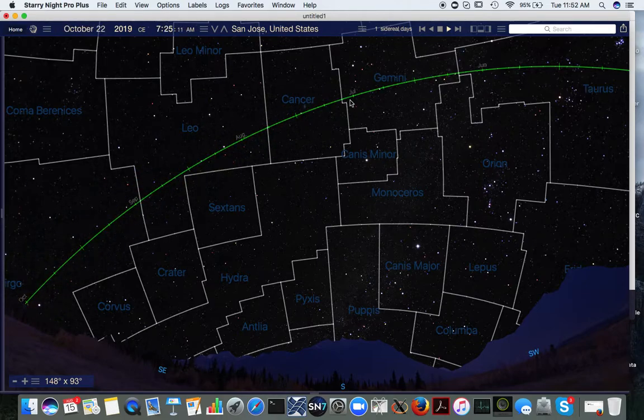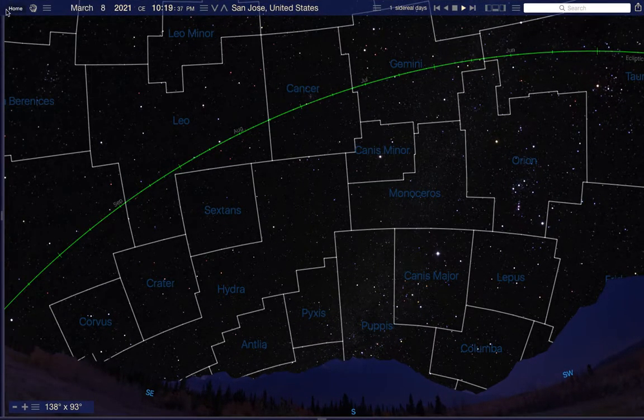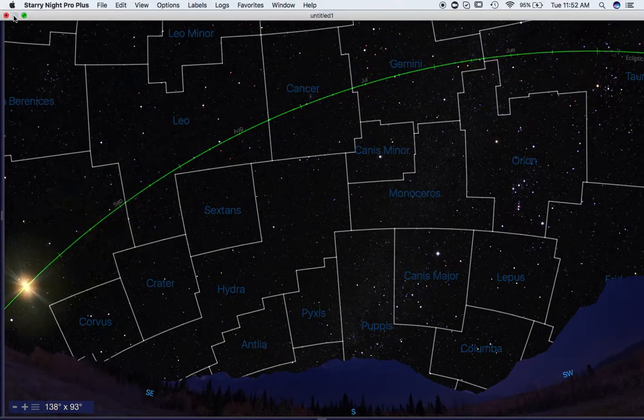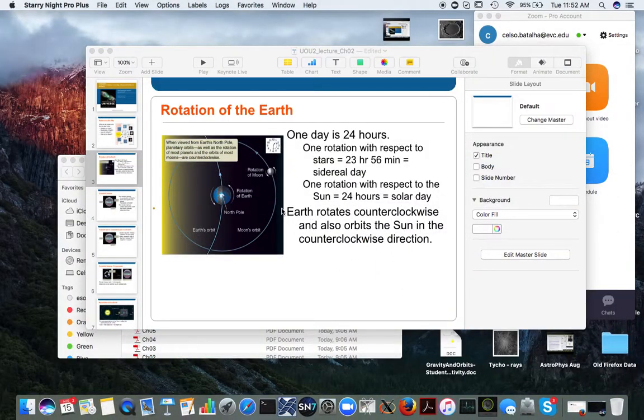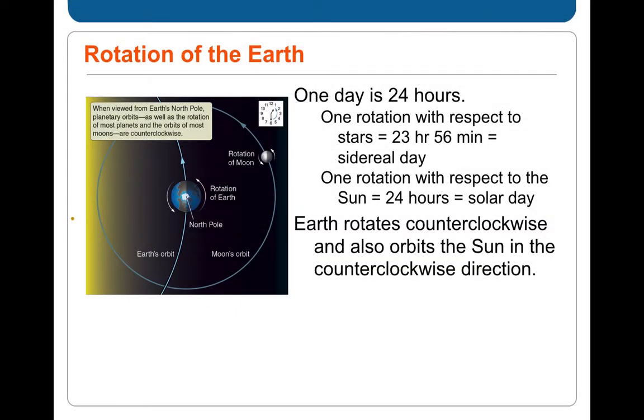We see the Sun migrating from west to east in what we call direct motion. Let me get rid of this and go back to the slides. If this is not clear right now, I will explain again when we have the chat room.